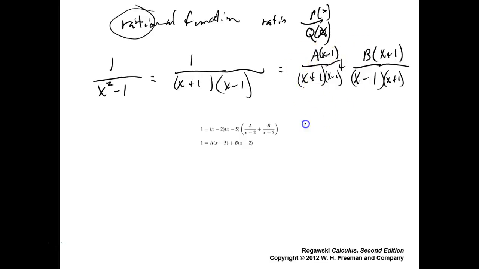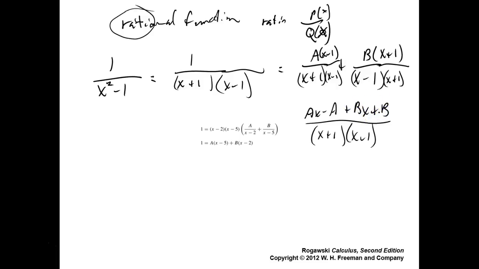Now, let's add those together. Because they have the same denominator, you can do x plus 1 times x minus 1, which, by the way, is x squared minus 1. So that gets you back to what you had to begin with. But the numerator is ax minus a plus bx plus b.